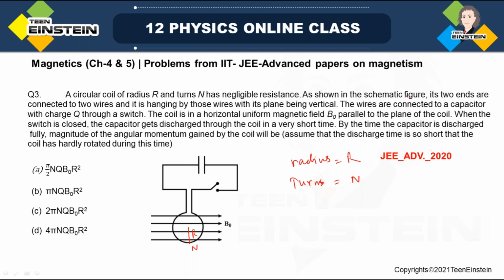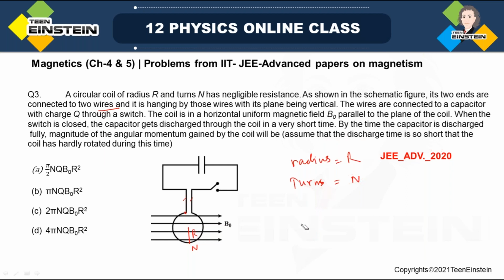As shown in the schematic figure, its two ends are connected to two wires. So these are the ends, and these are the two wires. See, it is hanging by those wires with its plane vertical. That means it is vertical to the horizontal.